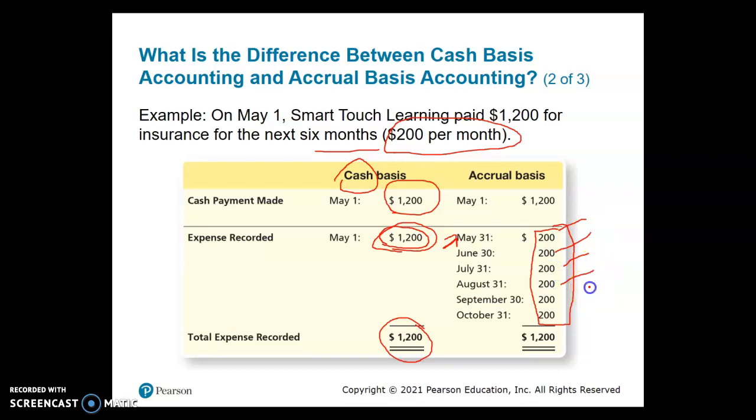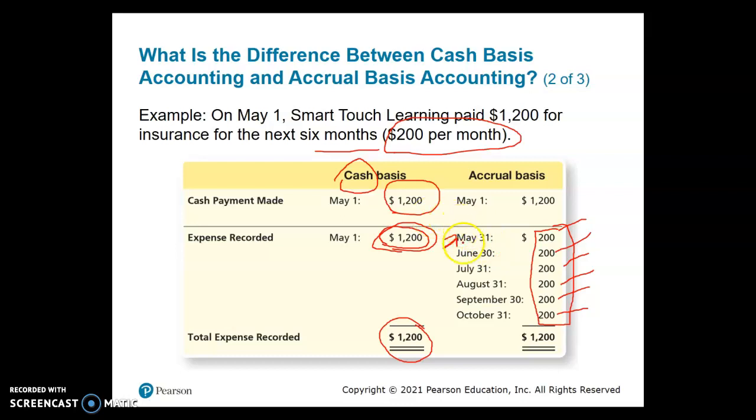It's matching the time period that we use that expense with the income statement. We're putting that expense on that month's income statement.